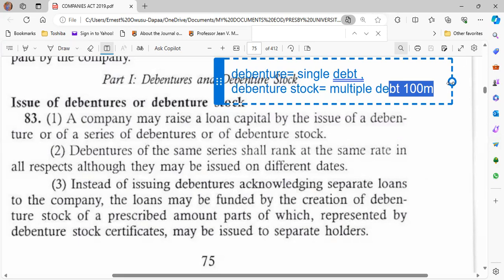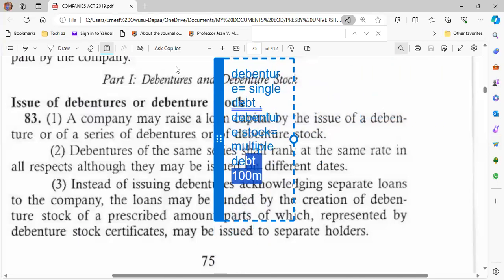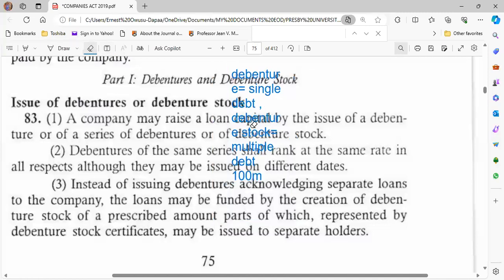But the bottom line is that with respect to the debenture stock, you're talking about the company trying to raise a huge debt which it cannot get from maybe an individual debenture holder. So you try to get that block, and within the block, you have smaller units. Each unit of debt can be taken by an entity or an individual.